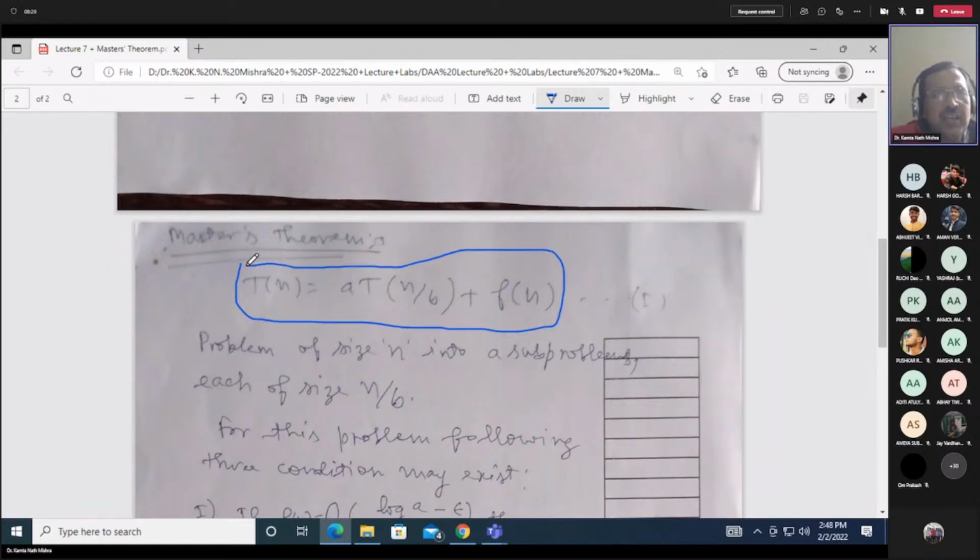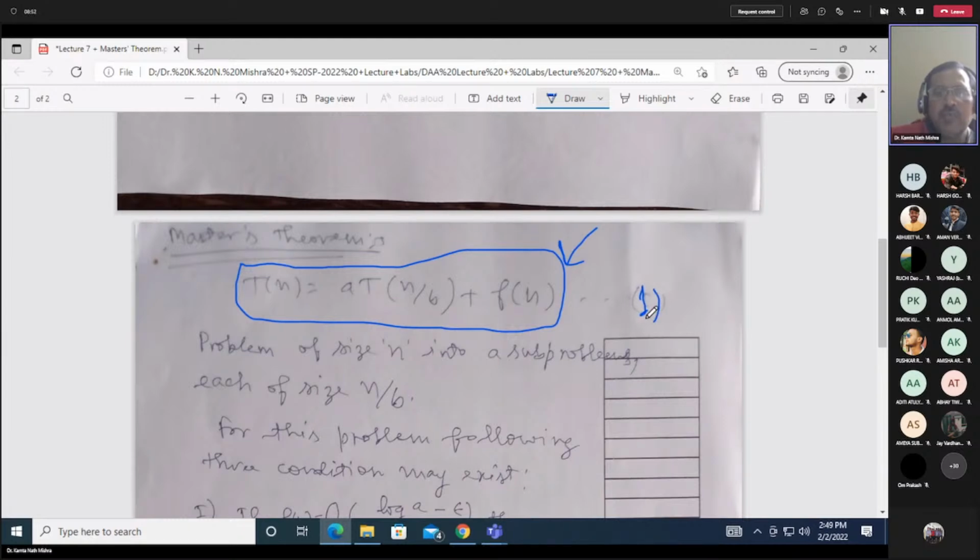This means any recurrence you are representing in the form of a mathematical function can be represented by this function. This is your equation number 1.